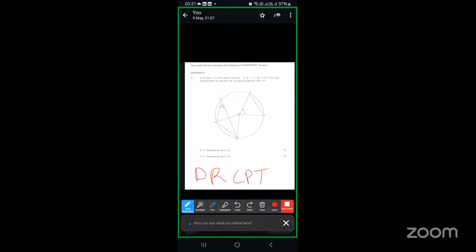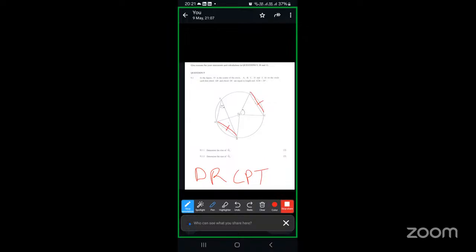In the figure below, O is the center of the circle, and the points A, B, C, D, and E lie on the circle such that the chord AB and the chord DC are equal. That implies something. You've got the chord here, we've got the chord there, they are equal.